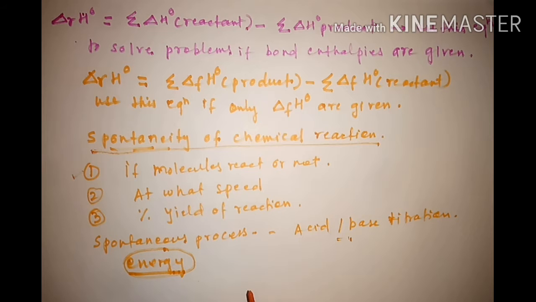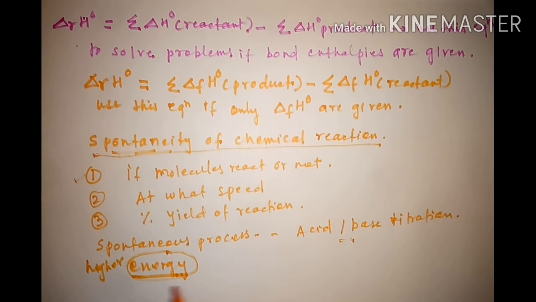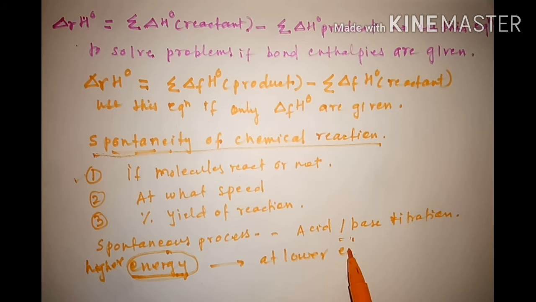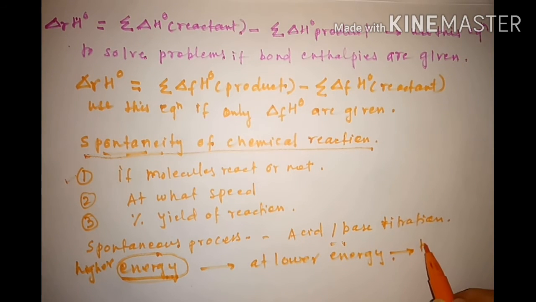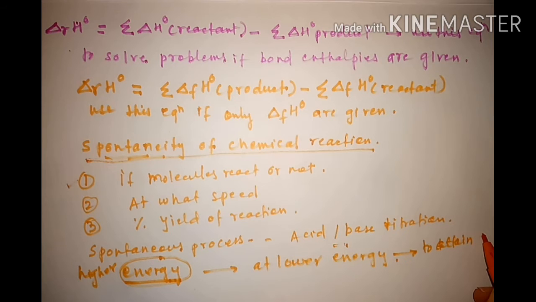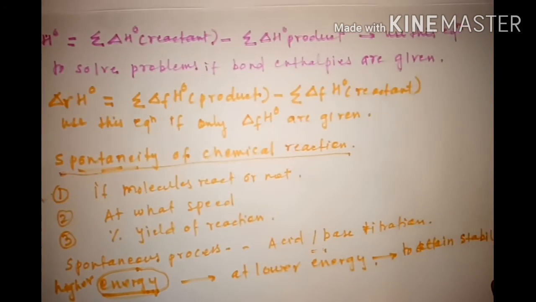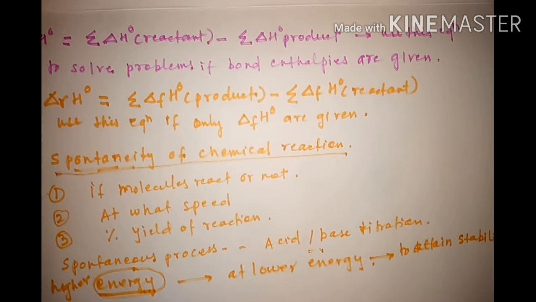It means if a system has higher energy, it will always try to reach a lower energy level. What is the purpose of doing this? The only thing is to attain stability.